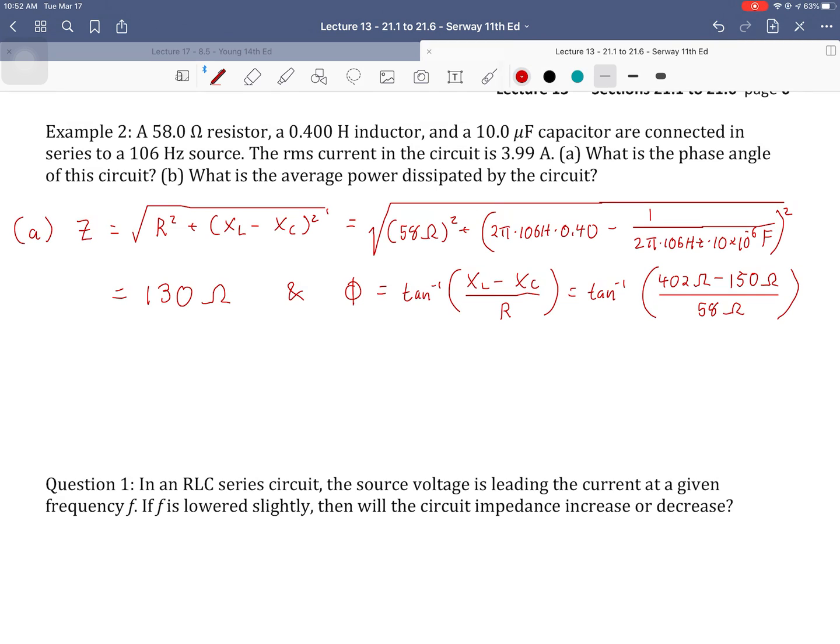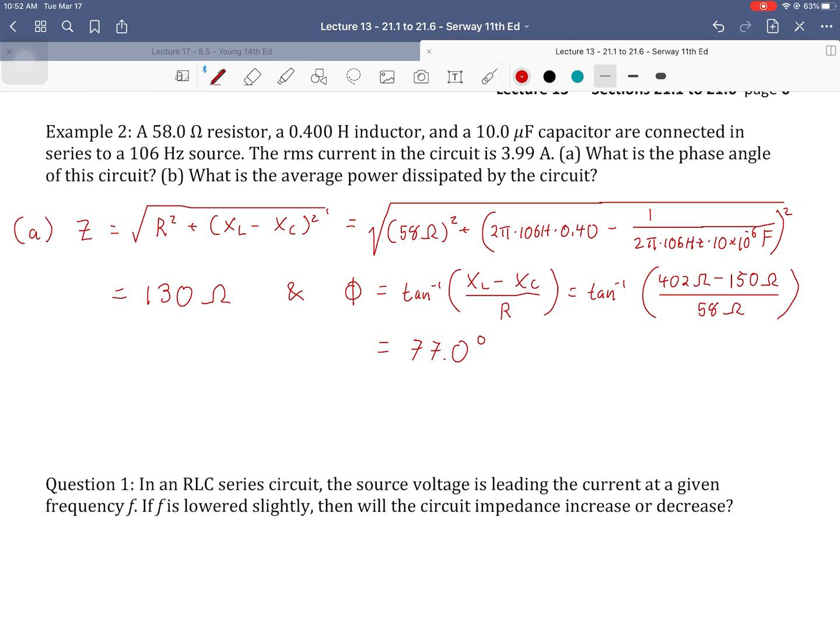Our phase angle is going to be the tangent inverse of that. I have my 402 minus my 150 in the numerator, divided by the 58, all inside the inverse trig, which gives me an angle of 77 degrees.